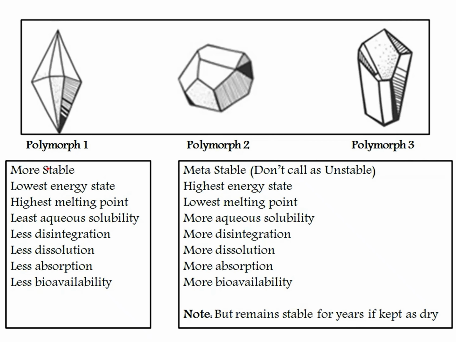That is why it is more stable. It would not try to react or take part in any reaction. That's why it has less disintegration, less dissolution, less absorption, less bioavailability, and less solubility. These are the reasons why a stable polymorph will not have better dissolution.